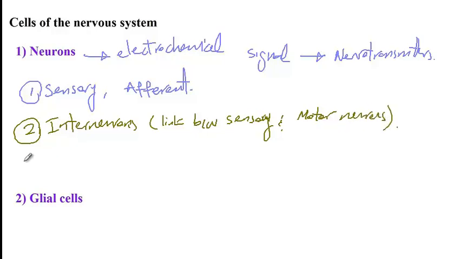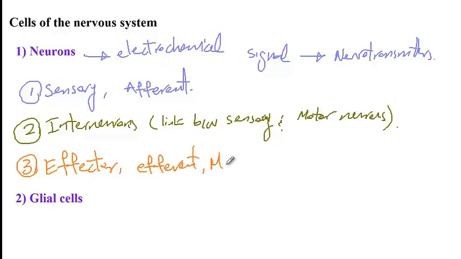And then finally the last type is the effector or efferent or motor neurons, the function of which is to relay information to the effector tissues, such as muscles and glands. So it will affect muscles and glands and other tissues.